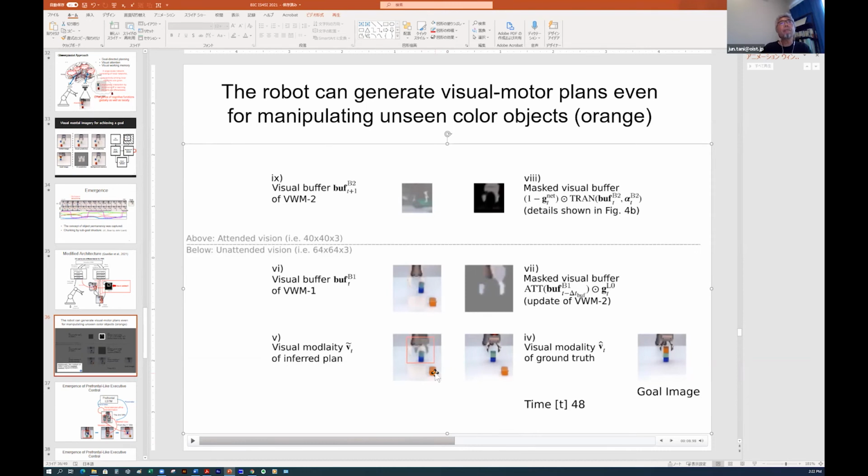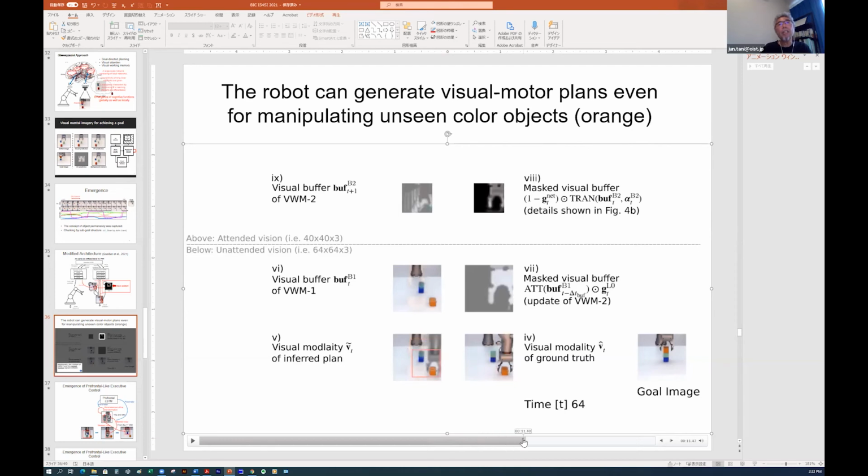The important point of this experiment is that the robot can now deal with an unseen new object, which was not used in the learning. It can do the same for the green one, but it can also generate images about manipulating the orange one, even though it's the first time to see it.